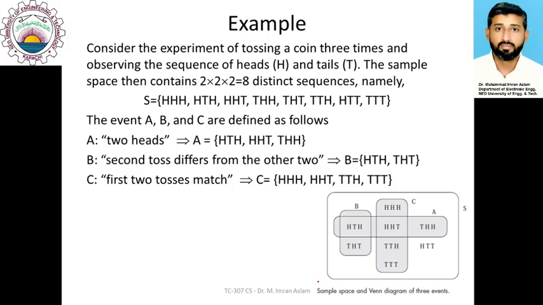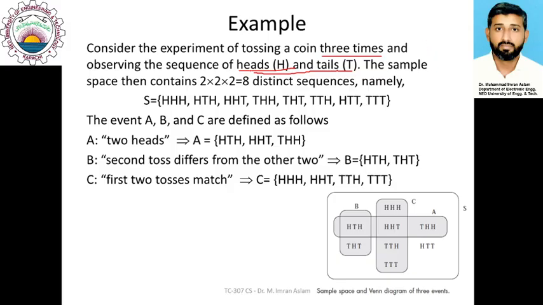Let us take up a simple example in order to understand the concepts related to probability theory. We consider an experiment of tossing a coin 3 times, observing the sequences of heads and tails occurring in each toss.